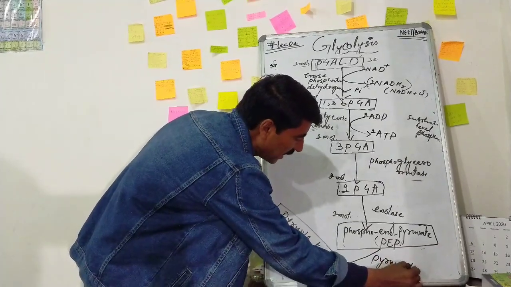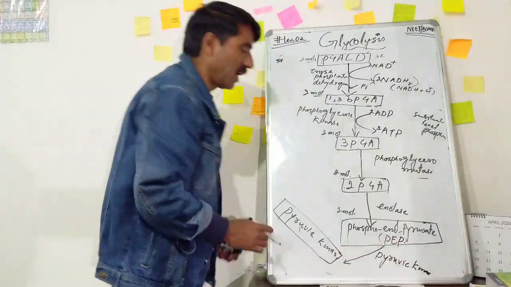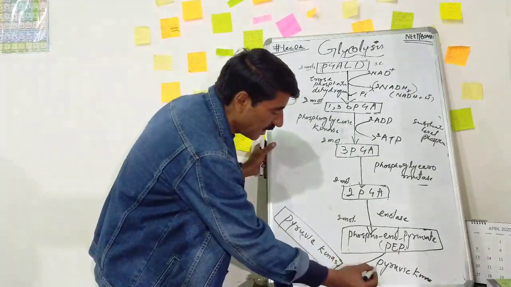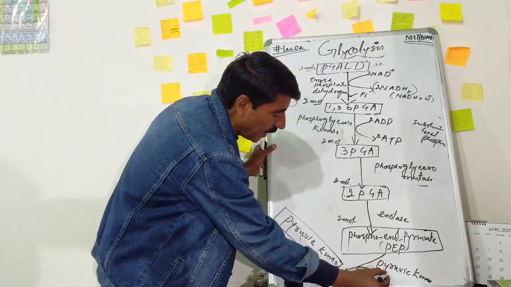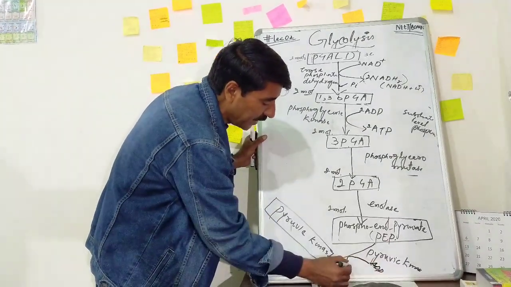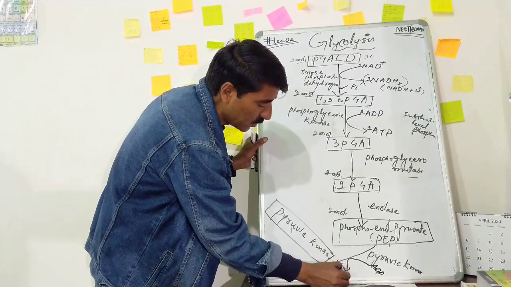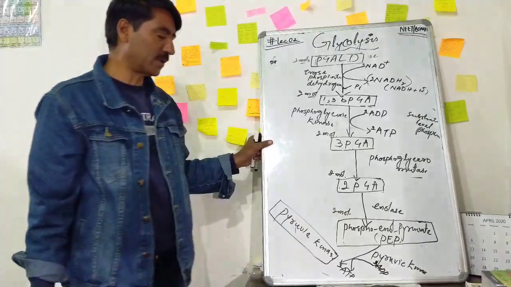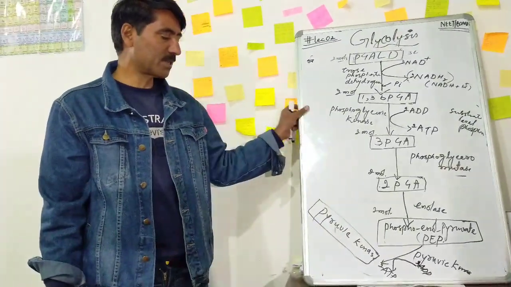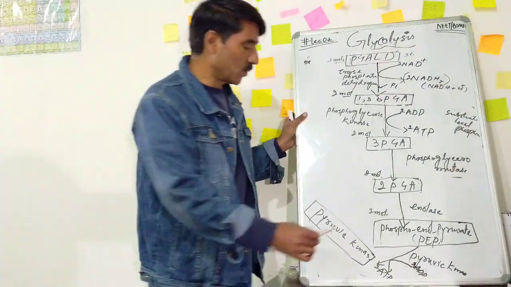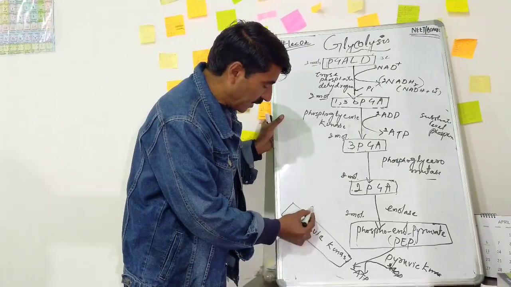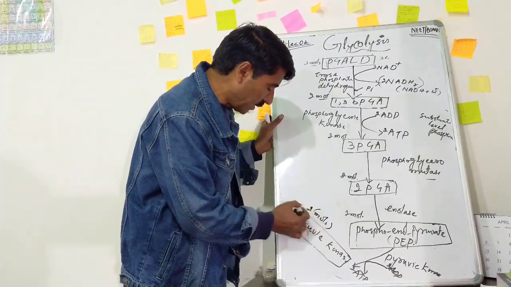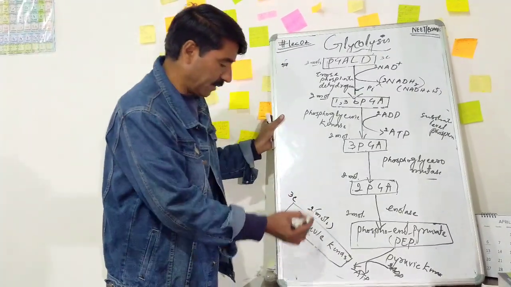During this reaction, ADP gets converted into ATP. We have 2 molecules, so 2 ATPs would be generated here. This is again dephosphorylation, and again substrate level phosphorylation. So lastly, the end product is 2 molecules of a 3-carbon compound, pyruvic acid.